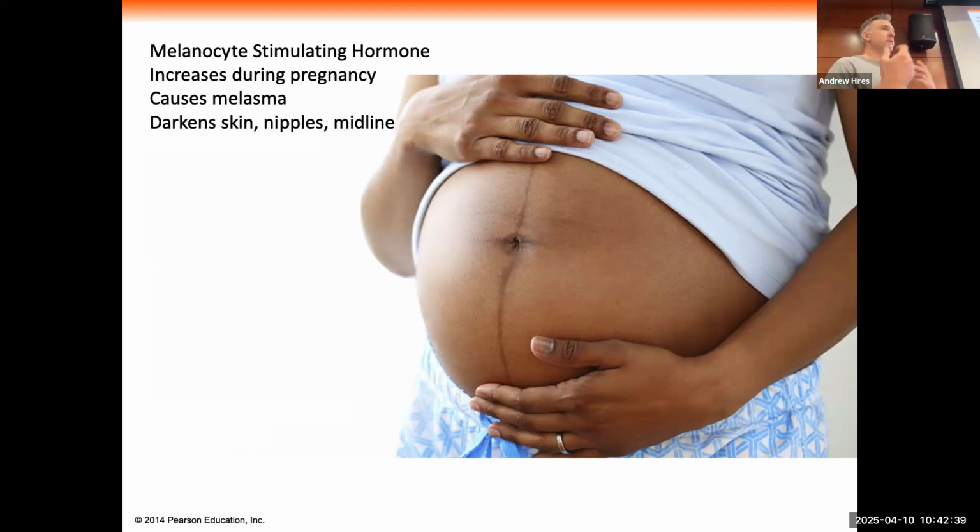So it can reveal the history of the development of your body through the darkening of the skin. After birth, this can persist for months at a time. That's the darkening of the skin in response to a change in MSH.